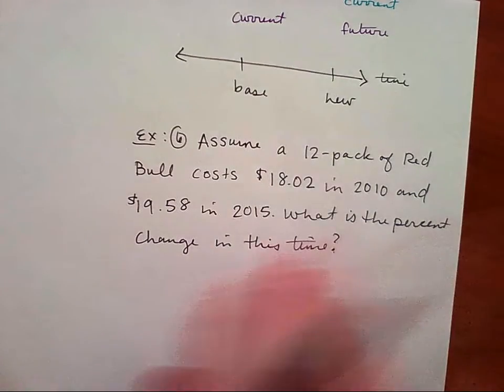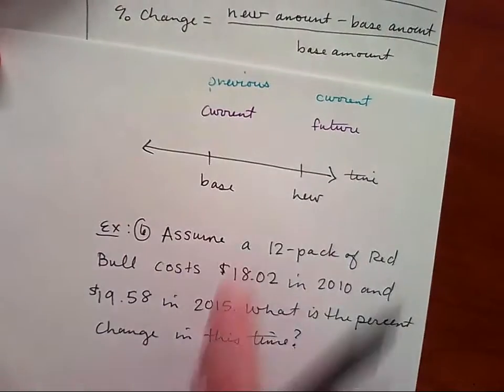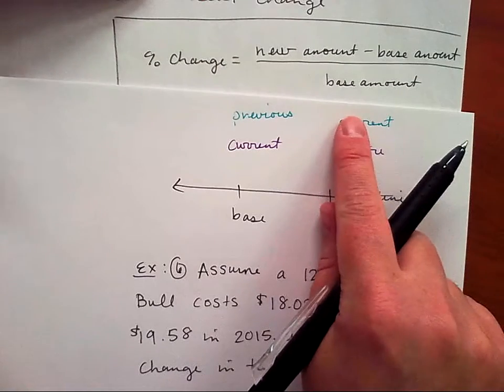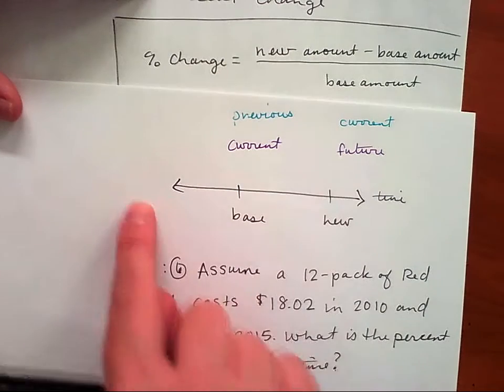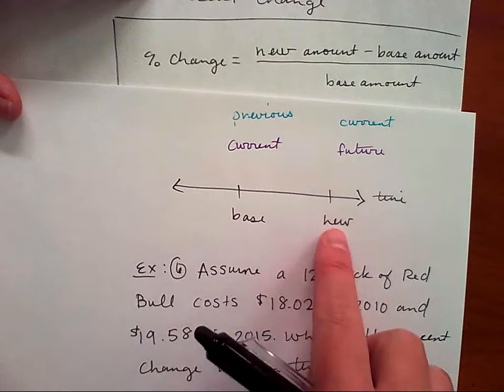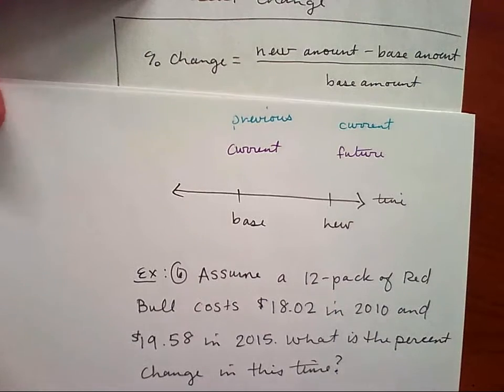Okay, so now we need to look at this and identify the pieces of our function, right? We need to identify new amount and base amount. So again, we said the time is linear. The base amount is your oldest value. The new amount is your newest value.